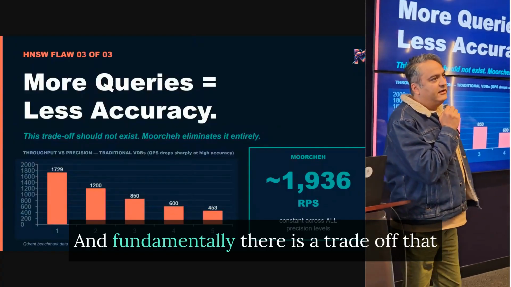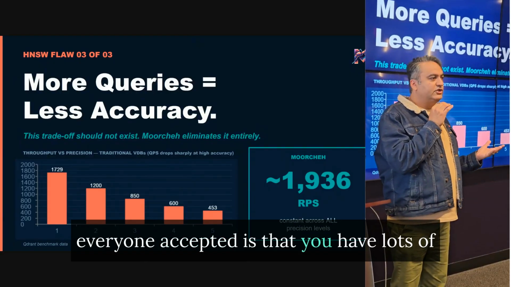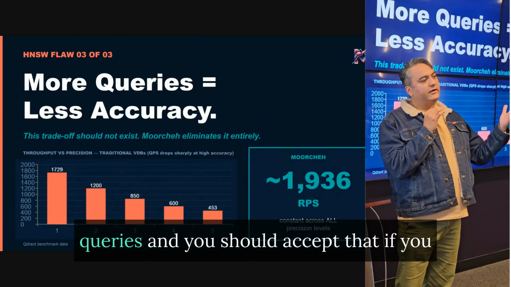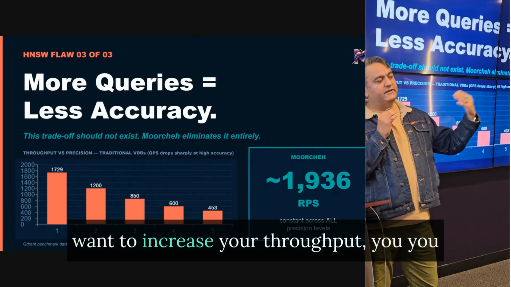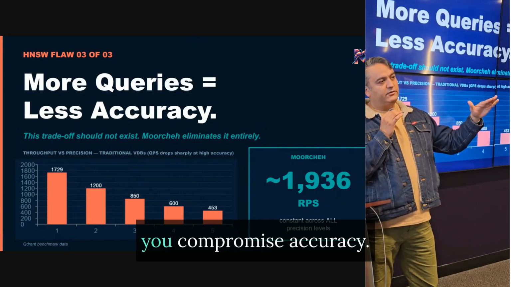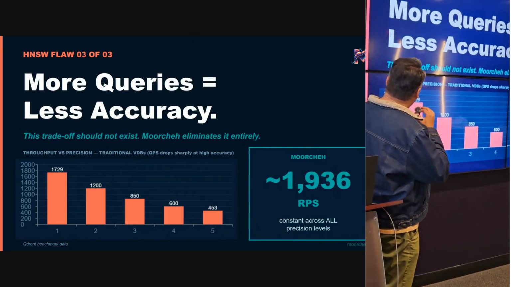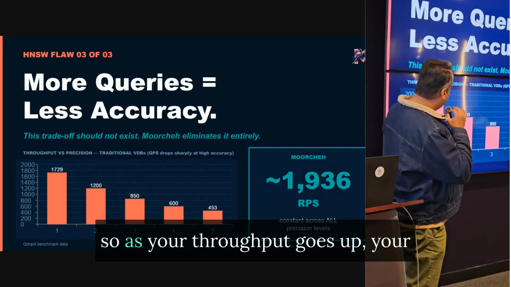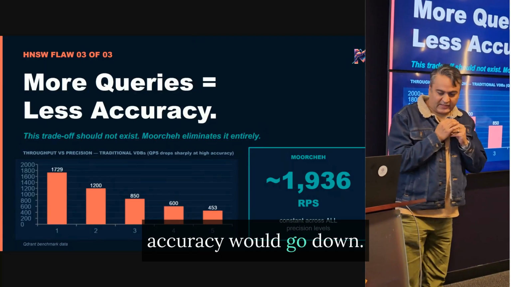And fundamentally, there is a trade-off that everyone accepted, that you have lots of queries, and you should accept that if you want to increase your throughput, you compromise accuracy. And so as your throughput goes up, your accuracy would go down.